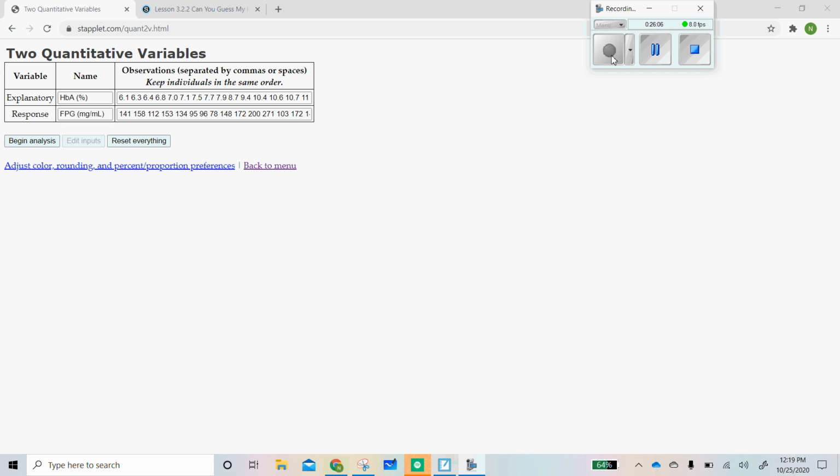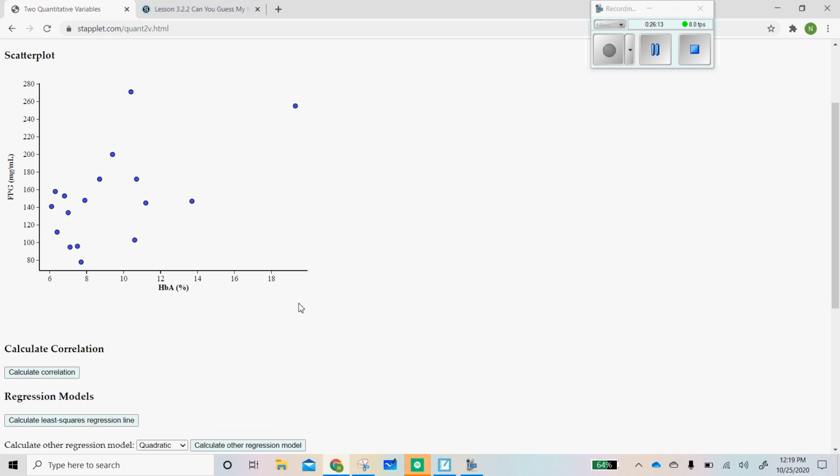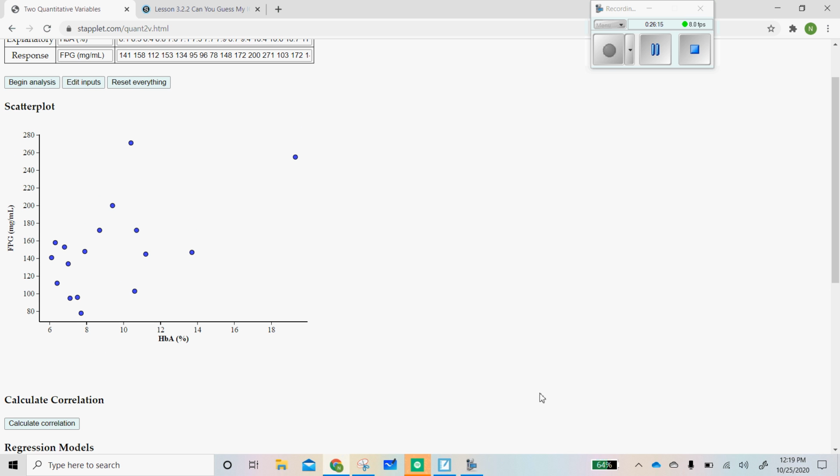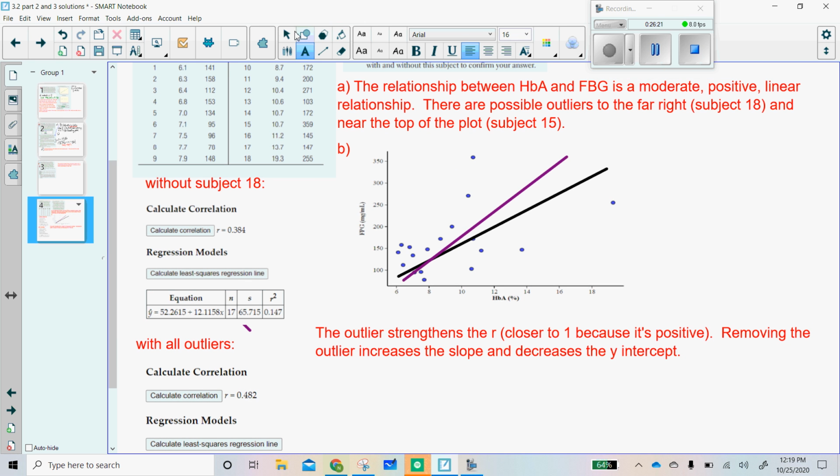Okay, I took out subject 15. That was 10.7 and 359. So I'm going to begin the analysis. It looks like this. I would predict, going back over here to this one, I'm going to take the purple one out now. I'm imagining that this black line is the least squared regression line as it stands.